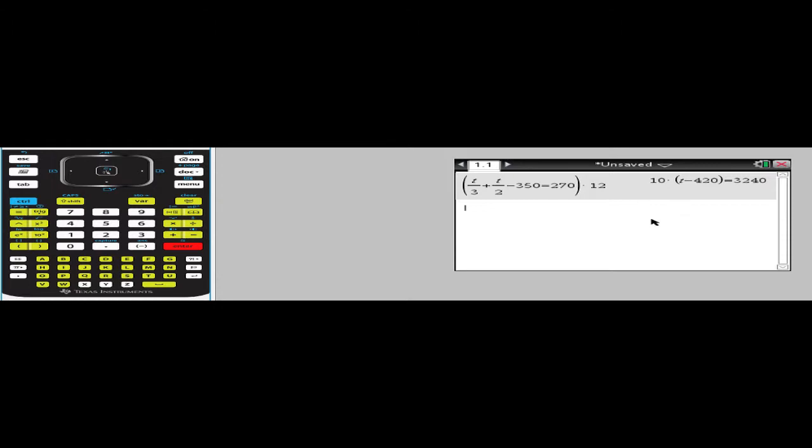So 12 worked. And also 12 is divisible by 3 and 2. So I think that's the key here, is finding something that would work for both. And if that's true, then that would mean something like 15 won't work, because, well, 2 won't go into 15. So I need something that can be divided by 2 and 3.